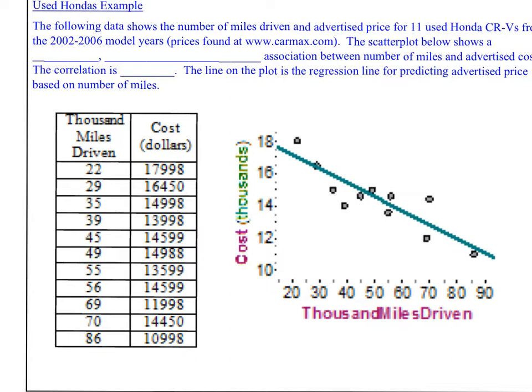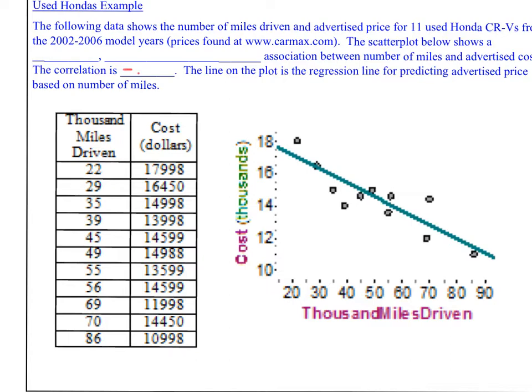It's on rates of depreciation for Honda CR-Vs from the 02 to 06 models, and how they've depreciated with miles driven. So it's really clear that you're going to have a negative association. I don't know if it'd be that obvious that it's going to be linear, but it looks like from the data we have that it is.